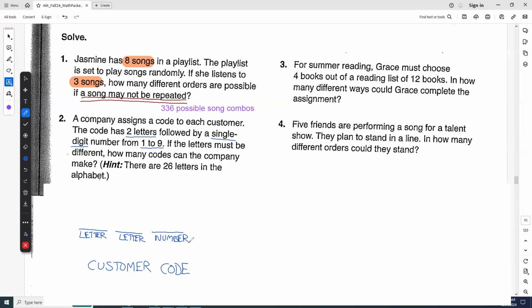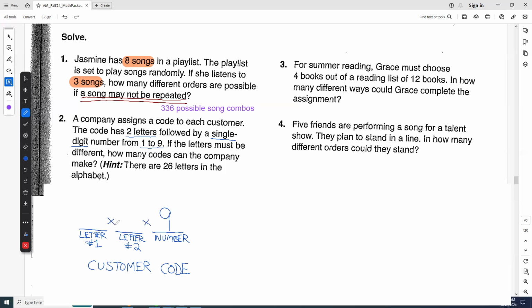And so if the letters must be different, we know that letter 1 can't be repeated in letter 2, and we only have one number, 1 through 9, right? So there's 9 total number choices.